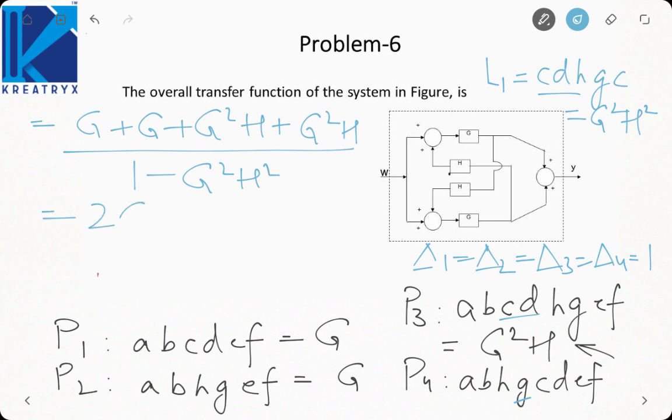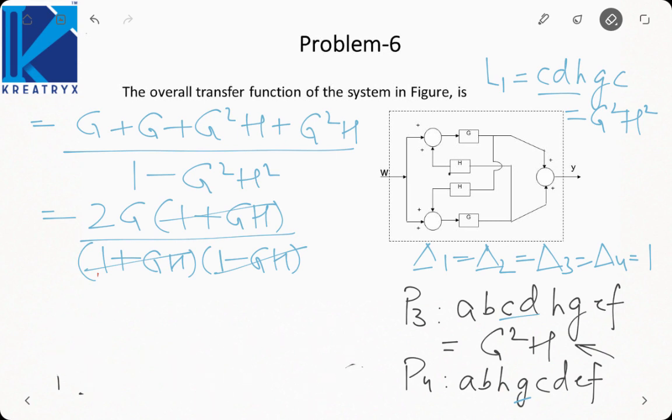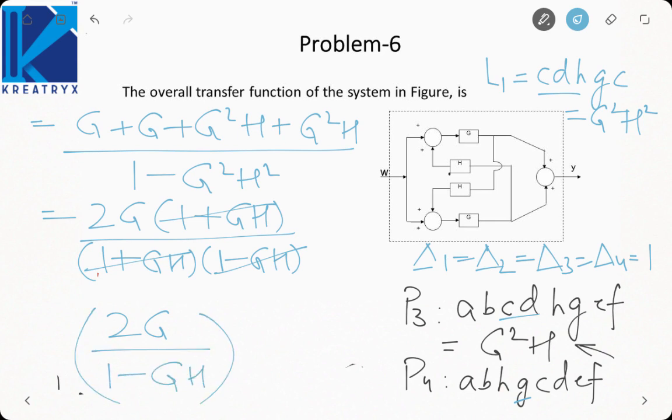So it will be 2G into 1 plus GH over 1 plus GH into 1 minus GH. So this would get cancelled out. So it would be simply 2G over 1 minus GH. This would be my transfer function.